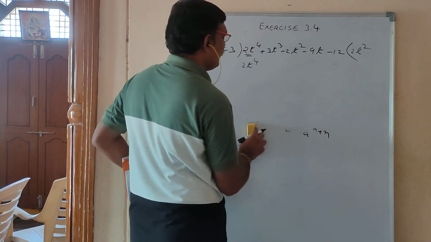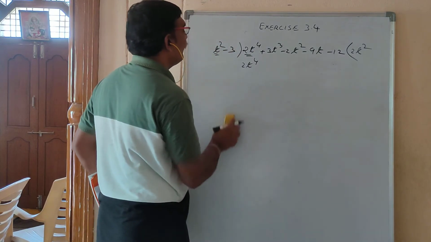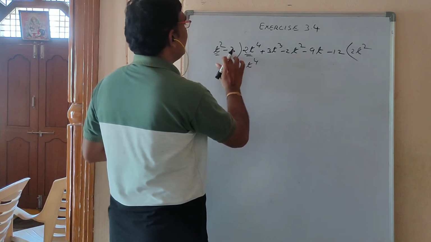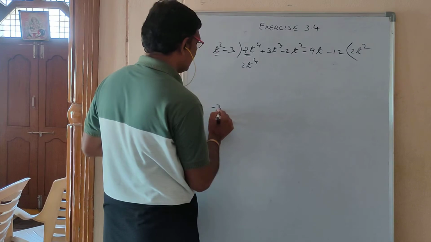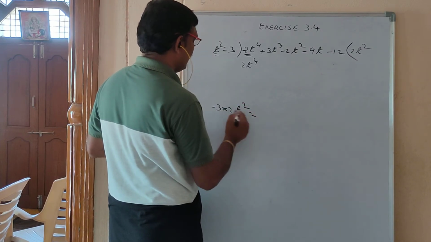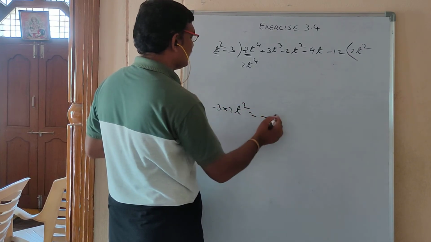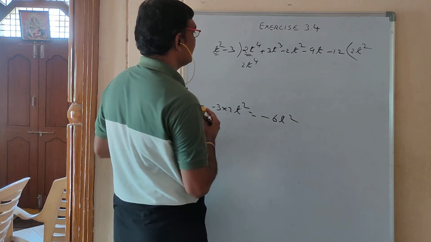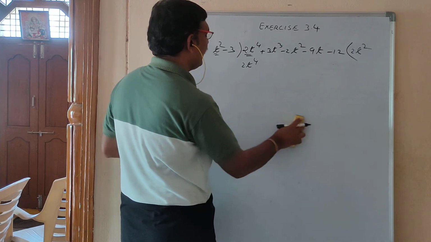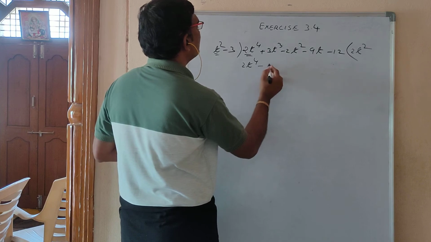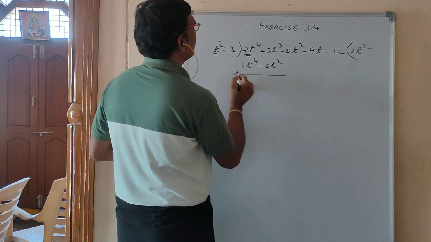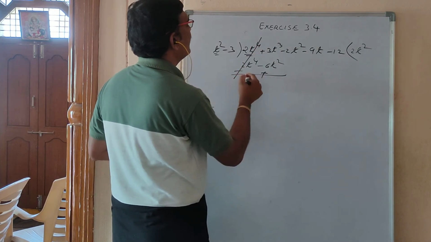So t square into t square is t to the power of 4. Next, minus 3 into 2t square: minus 3 twos are 6t square. Minus 6t square. This you have to write below the t square term only. Subtraction. These two will be cancelled.